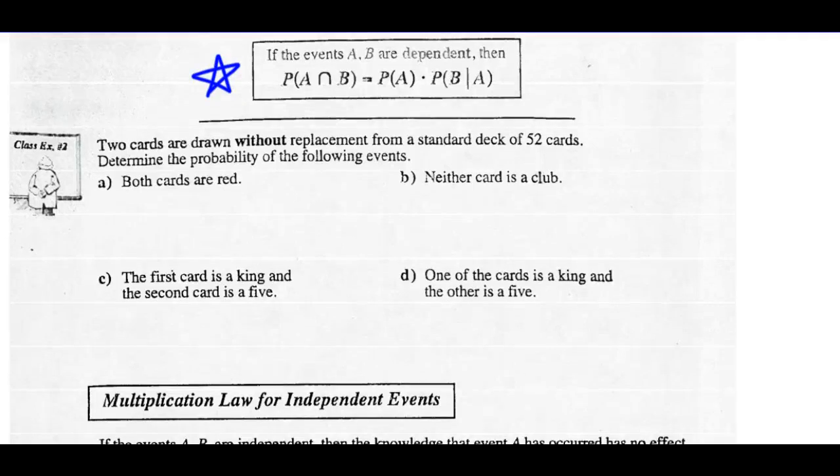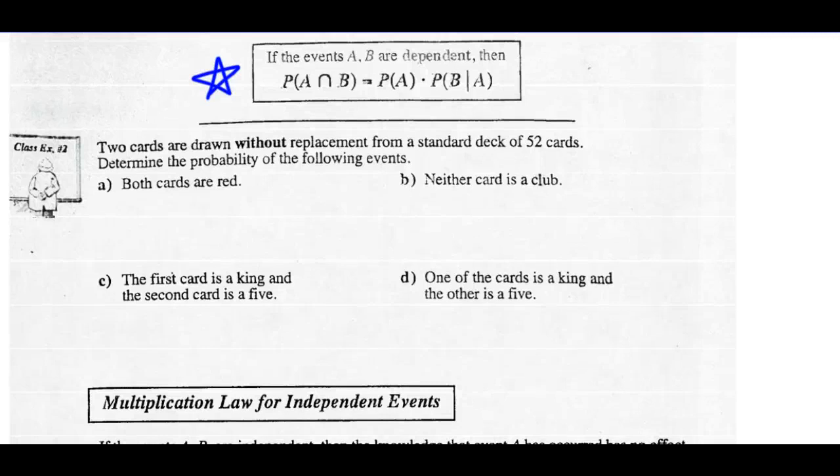So example 2. 2 cards are drawn without replacement from a standard deck of 52 cards, determine the probability of the following events. Both cards are red. So the probability of red, red. Well, there are 26 red cards out of 52 to draw the first card.